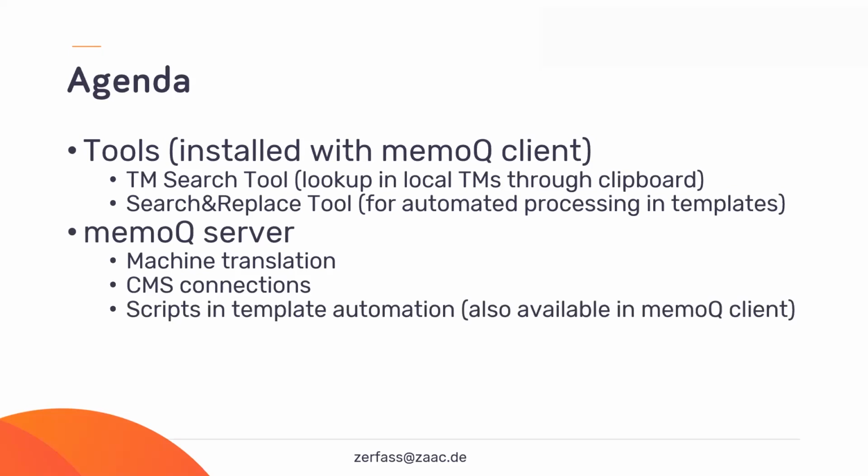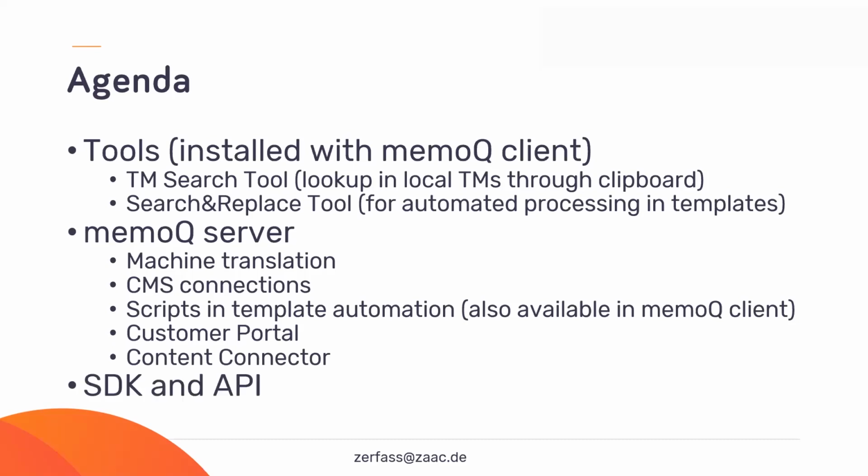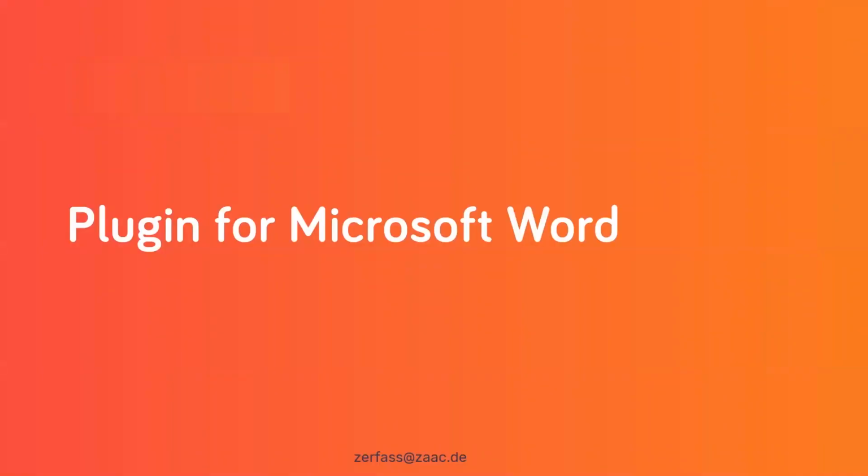Scripting in templates and automation, which is mostly done in online projects, but can also be done in local projects. Customer portal to request translations. Content connector to use a folder to store, translate, or files that need to go into translations, and some words on the SDK and the API, so for creating plugins and connections. So quite a lot of things to talk about.